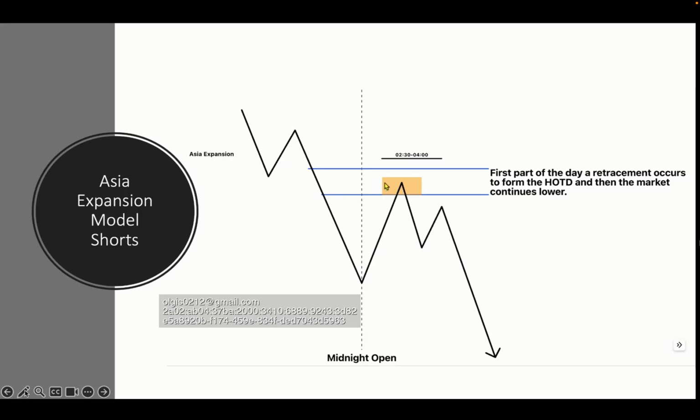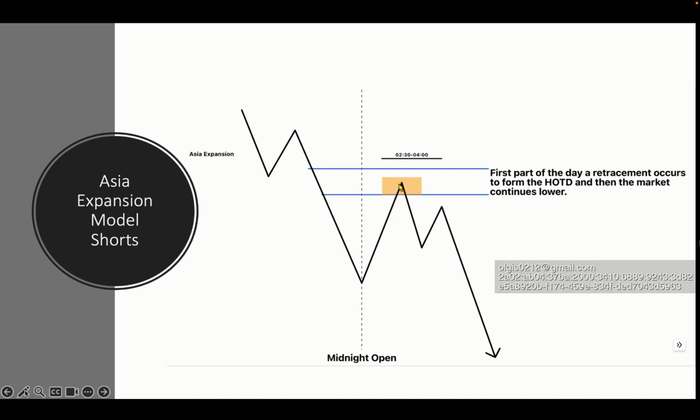This run higher traps retail buyers into believing that higher prices are likely to be next during the London session. The market reprices into that inefficiency. A lower time frame market makers sell model smart money reversal forms inside of that CB, and from there on we want to see sell side delivery occur.